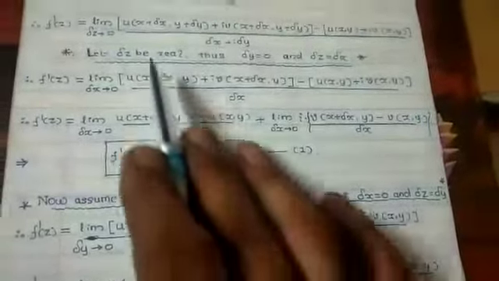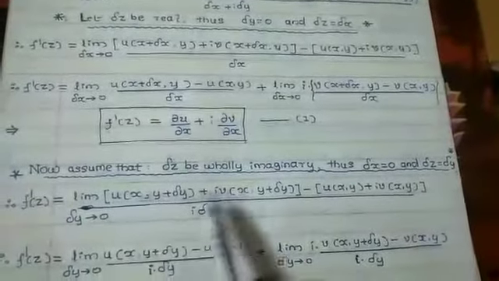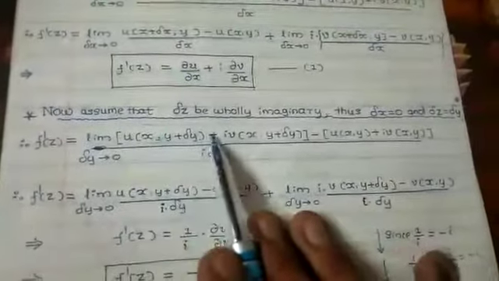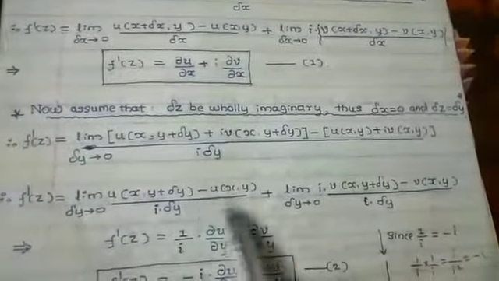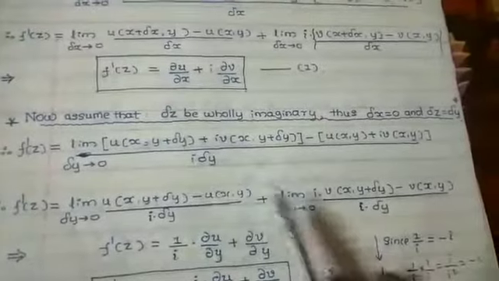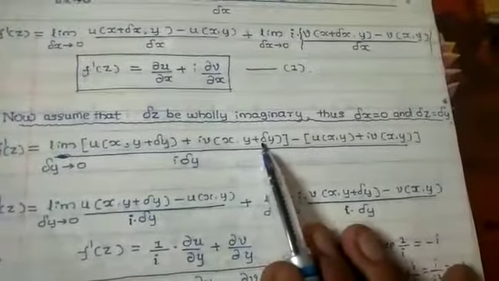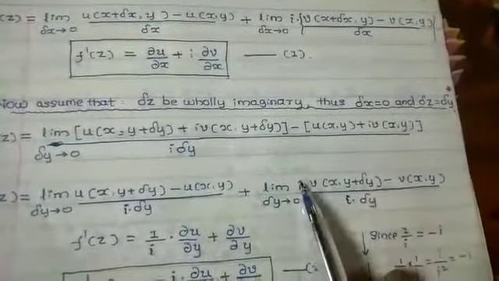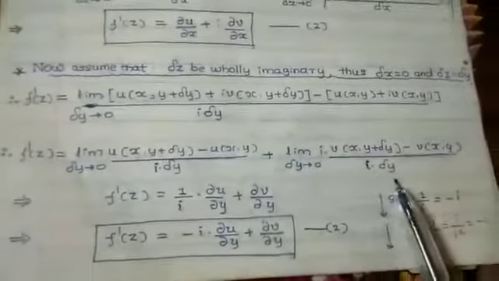Wherever delta x is there, we put 0 and write this equation. Again we separate the real and imaginary parts. This is the real part, u of x y plus delta y minus u of x y divided by i into delta y. Next, plus the imaginary part, i into v of x comma y plus delta y minus v of x y, divided by i into delta y.